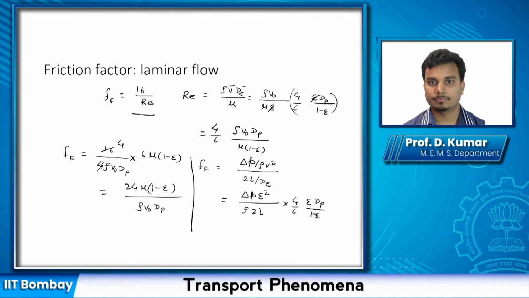Can you see if you can cancel anything? You can cancel this 2, and this will be 3. Anything else? No. This will become epsilon cube. So this will become delta p epsilon cube d_p by 3 rho L 1 minus epsilon.